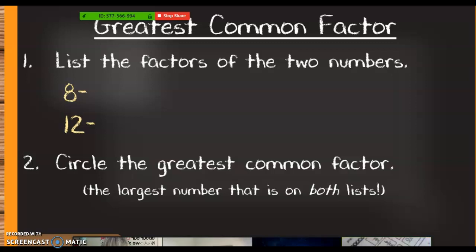greatest common factor. So who can tell me what a factor is? So for example, who can name me the factors of 8? Nico, can you name me the factors of 8, please? Don't confuse them with multiples.